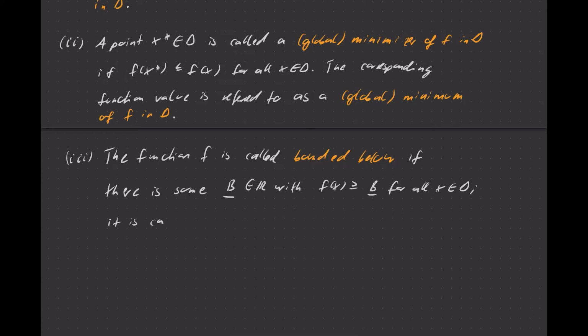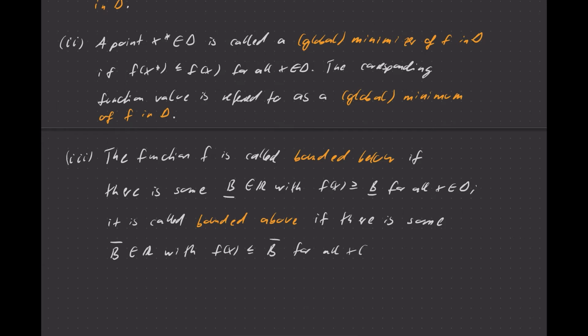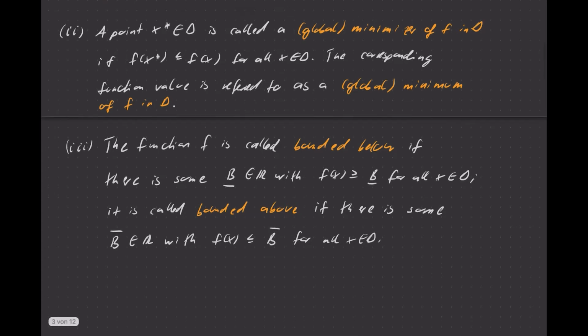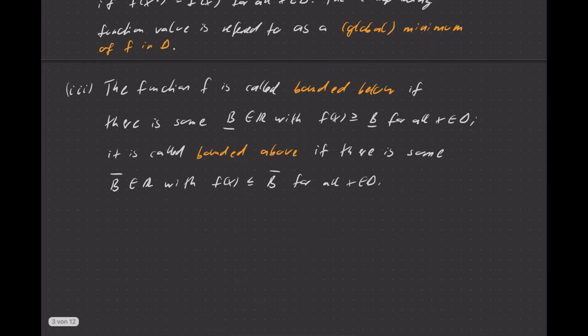Similarly, it is called bounded above if there is some constant, we call it b overline, in R, with f of x less or equal to this b overline for all x in D. And finally, the function is called bounded if it is both bounded below and bounded above.